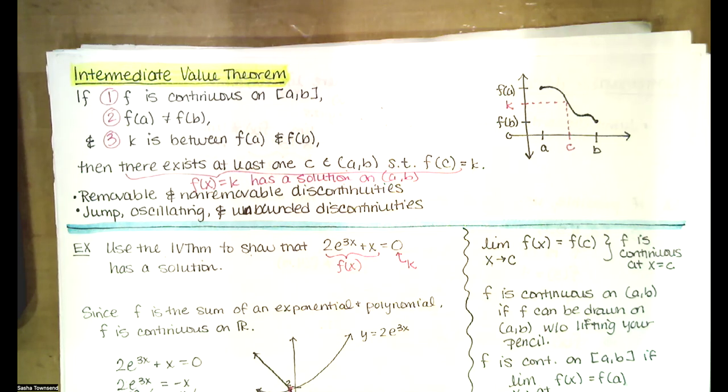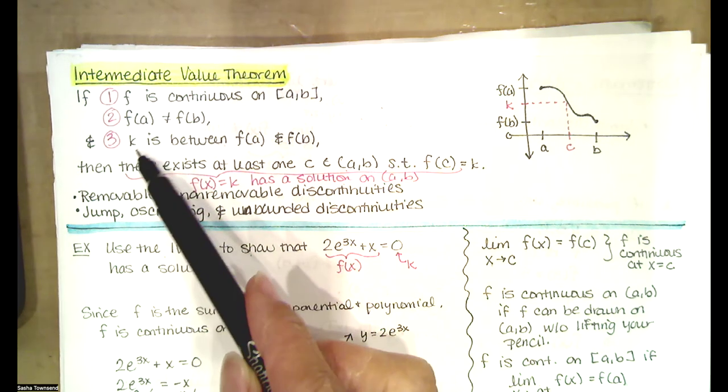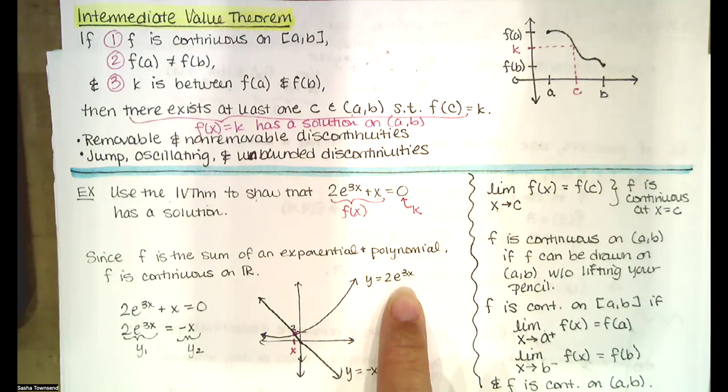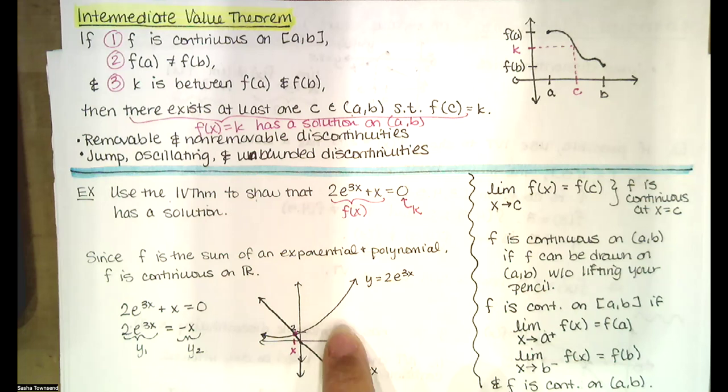And then one other thing, I mentioned it while we were looking at the pictures online. In order for k to be between those 2 function values, k has to be in the range. So if you're looking at a function like this exponential function, 2e to the 3x, the range is 0 to infinity. Just make sure that the y value that you're interested in is actually in that range.